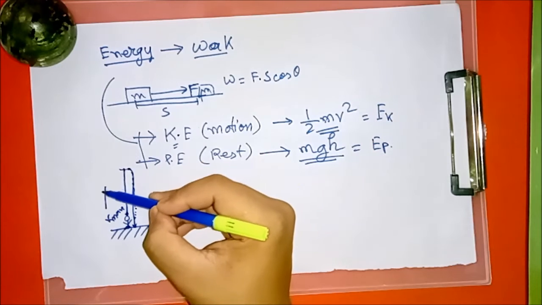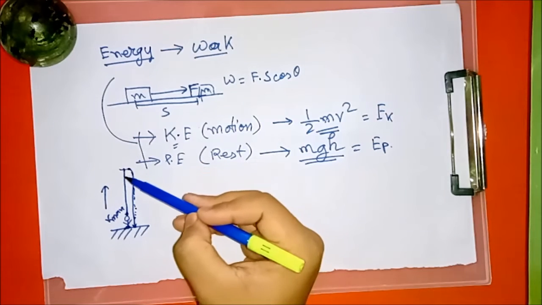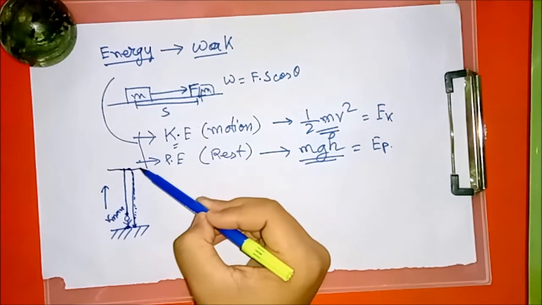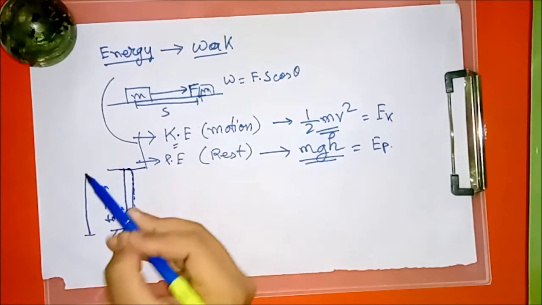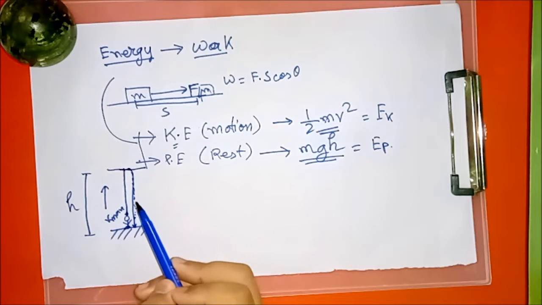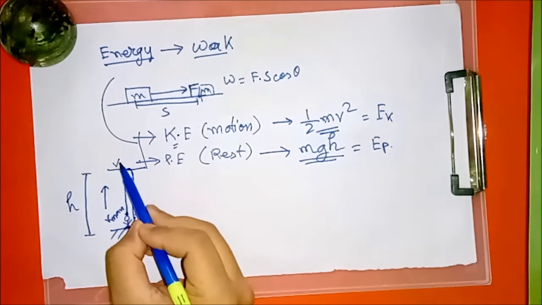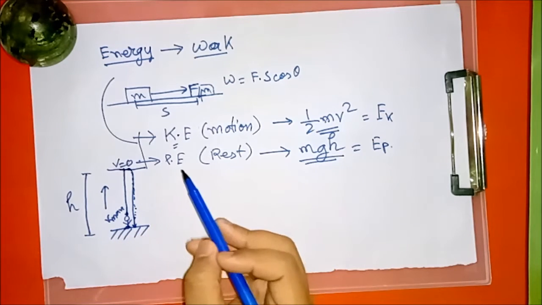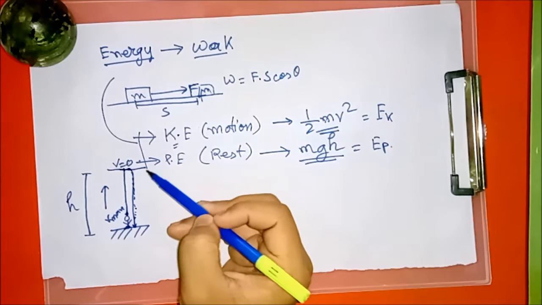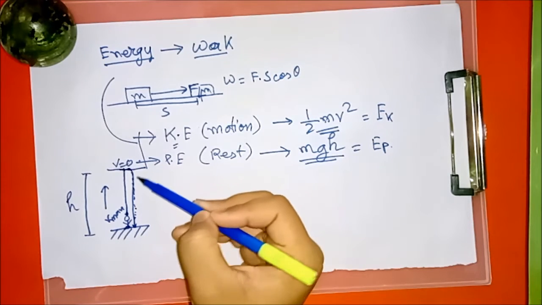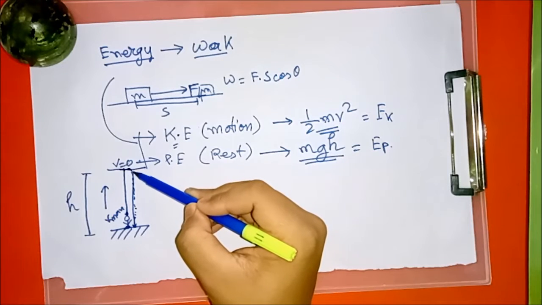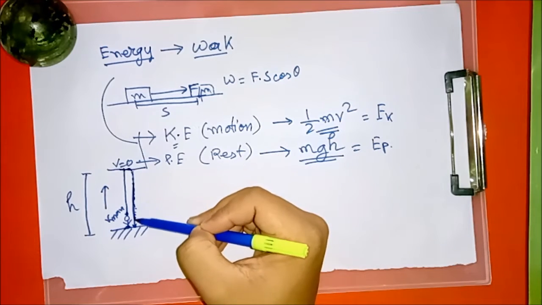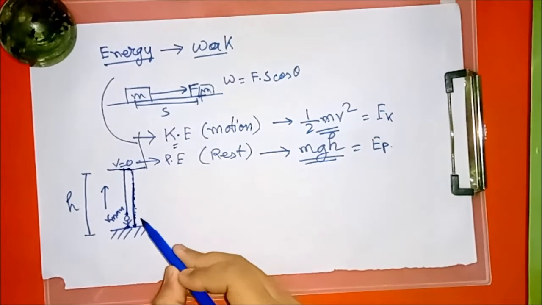It will go upward with the velocity gradually decreasing, and at the maximum height, h max, suppose the height from here to here is h, the velocity will be totally zero. So the ball will be at rest for a fraction of a second, then it will acquire energy gradually and drop, coming down.